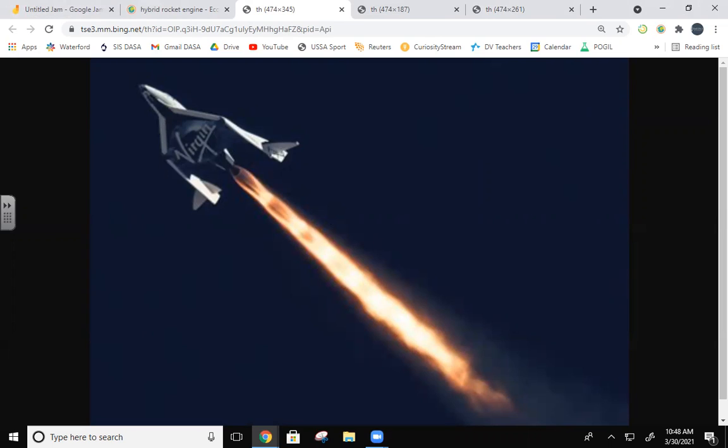So this is what it looks like when it's firing its engine. I think the Spaceship 2 is a very, very pretty looking spacecraft. Fun fact, it also uses air launch.